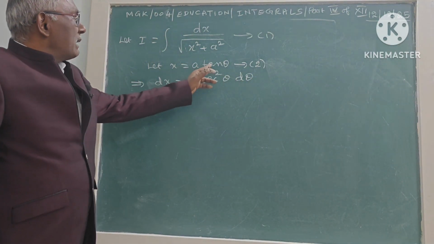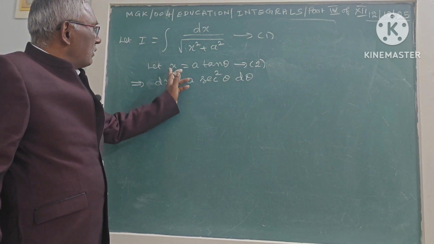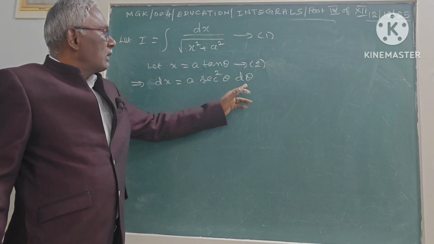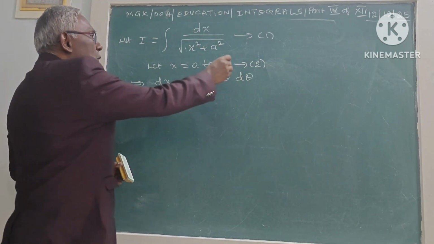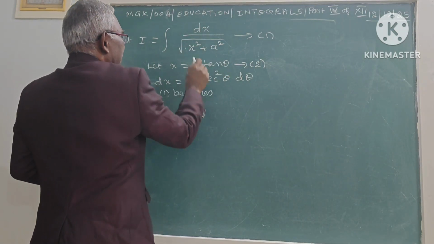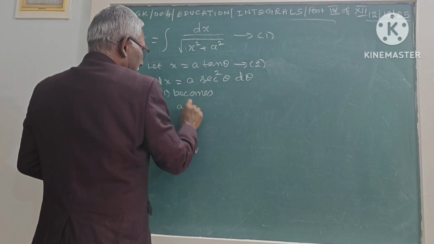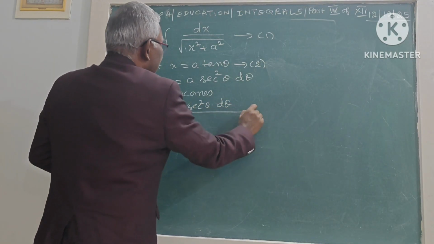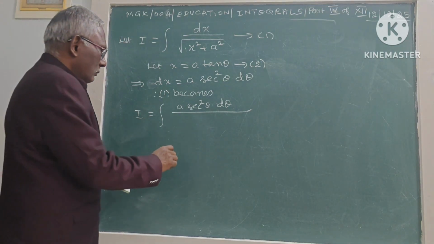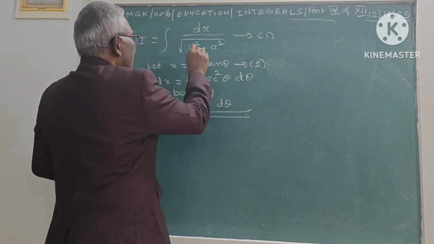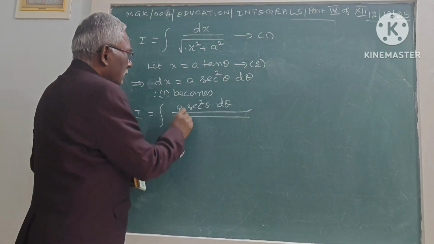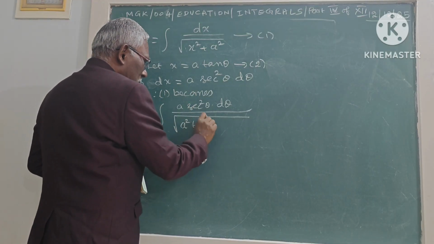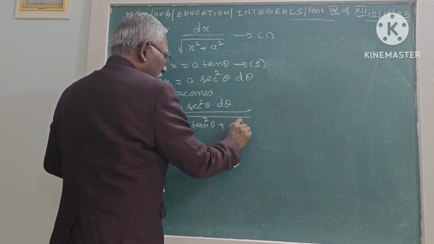When x is a tan theta, if we differentiate with respect to theta, dx is a secant square theta d theta. Therefore the integral becomes a secant square theta d theta by square root of a square tan square theta plus a square.